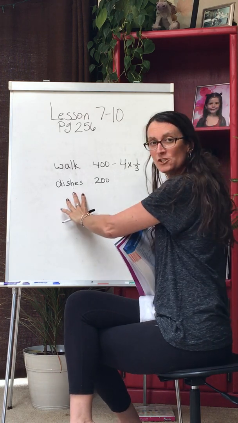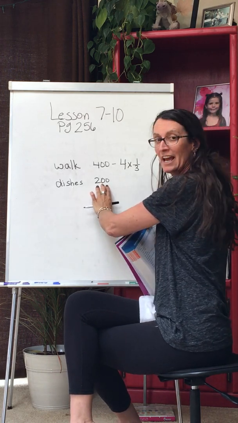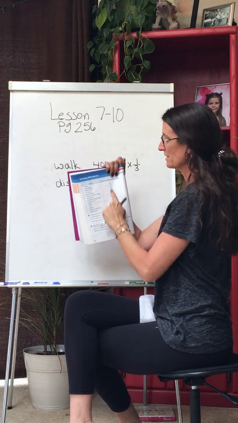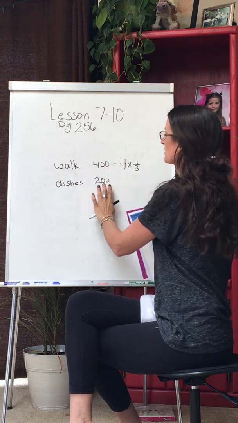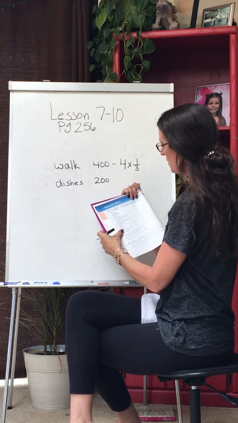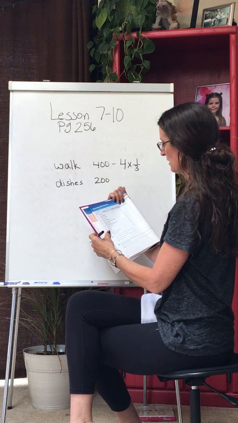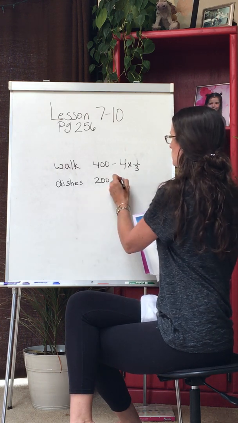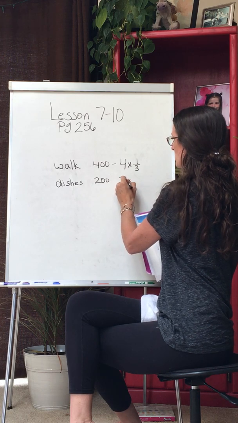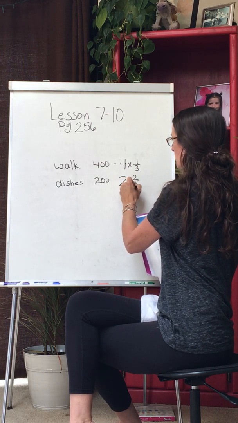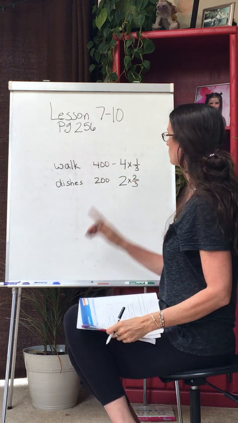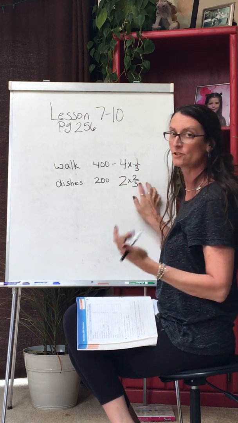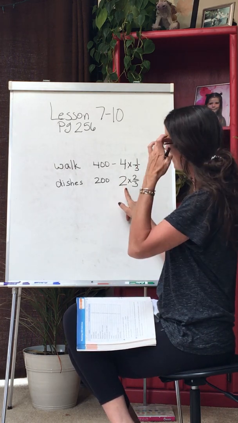And then to do the dishes, I know she was going to have to do it twice as long as whatever this says, because she burned 200 calories. So washing dishes is 2/3, so she has 2 times 2/3, right? Because 2/3 is 100, and she had to do that 2 times to get to the 200.